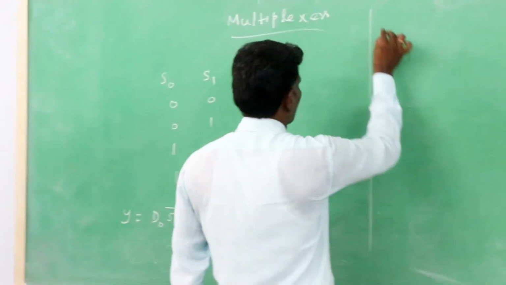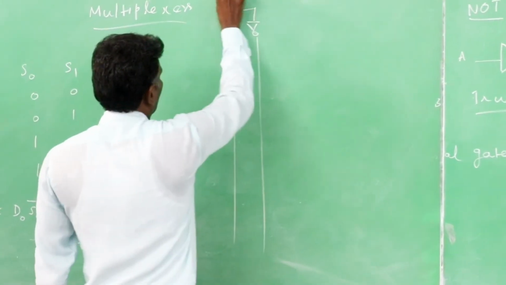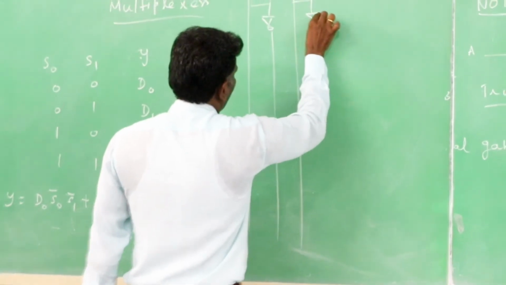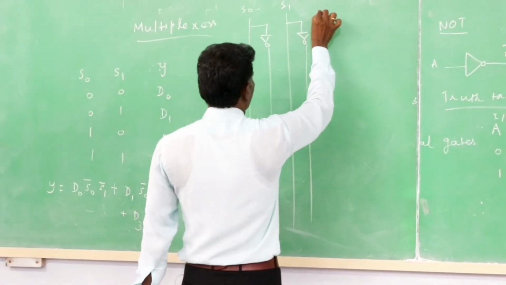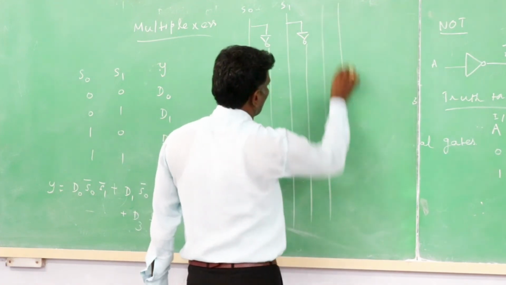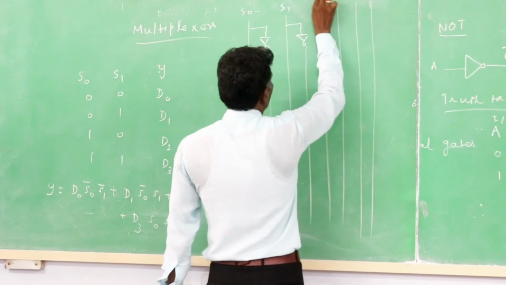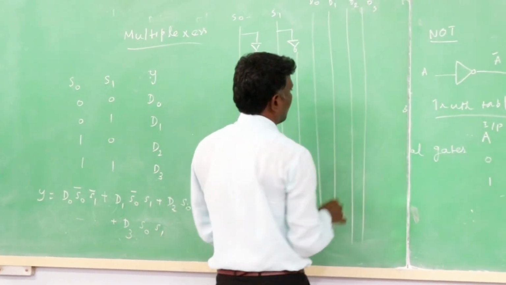S0, S0 bar, again S1 and S1 bar, 2 selection lines, and D0, D1, D2, D3.